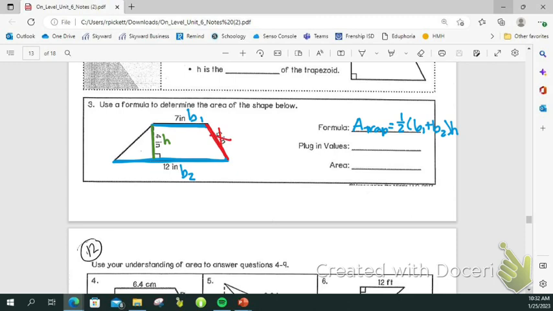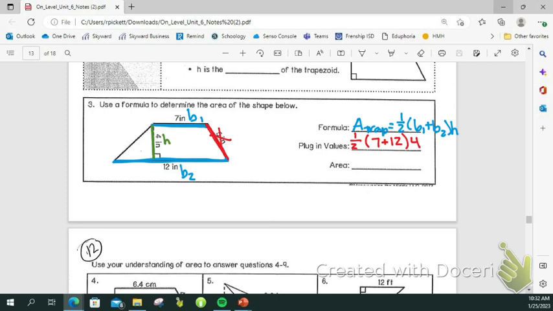Now we can plug in our values. 1/2 stays 1/2. Base 1 was 7. Base 2 was 12. And then the height was 4. So all we did here was plug in base 1 and base 2 inside those parentheses. Now remember, according to order of operations in PEMDAS, you have to do the parentheses first.